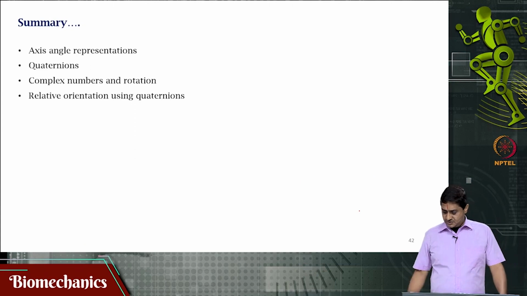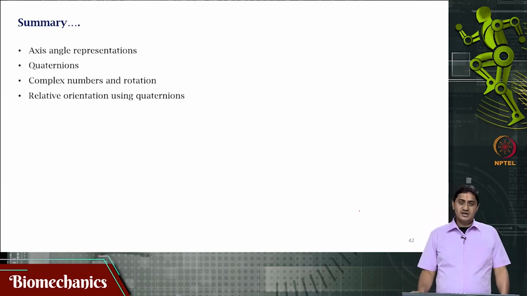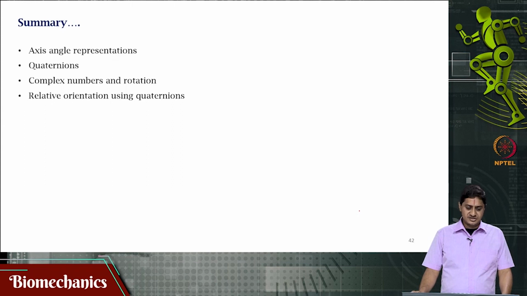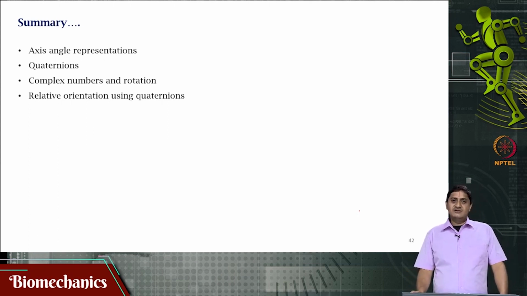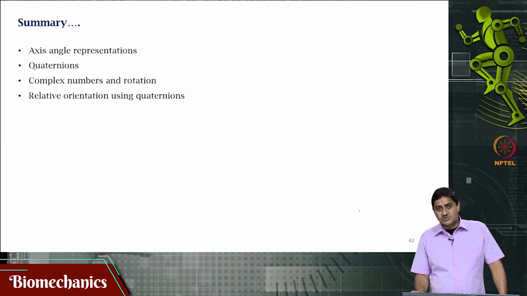So, in this video we looked at axis angle representations. We looked at how we can find the axis of rotation and angle of rotation from a rotation matrix, that is, the axis about which a composite rotation happens and the net angle by which it happens. Then we introduced the idea of quaternions, gave some simple examples of complex numbers and rotations and how to find relative orientation between complex numbers.